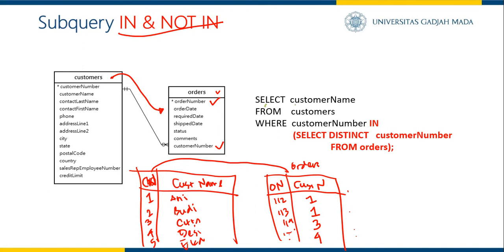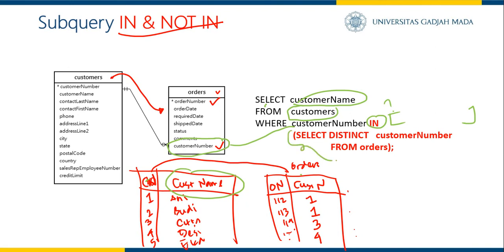Select the customer name from the customers table, where the customer number, because it is linked using the customer number, where the customer number is in what? In the list that is the result of this subquery.